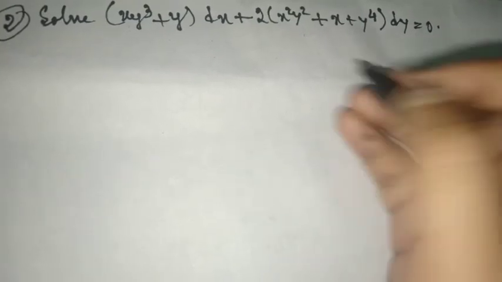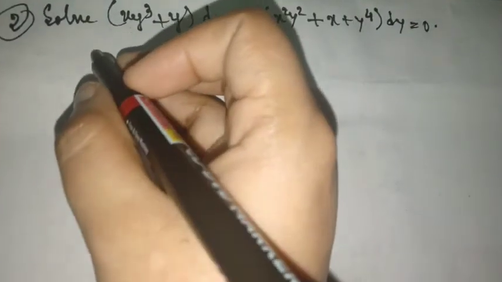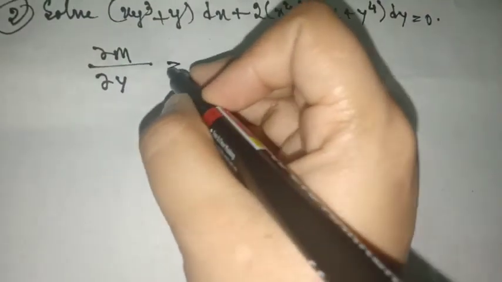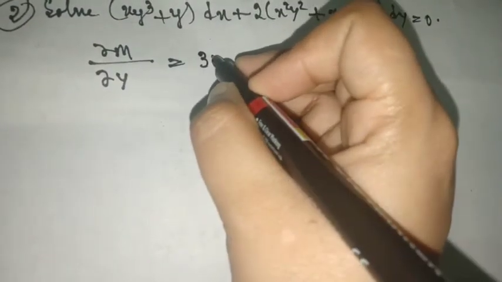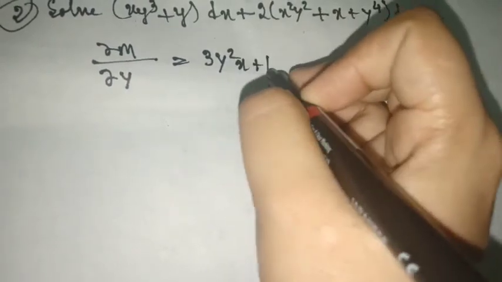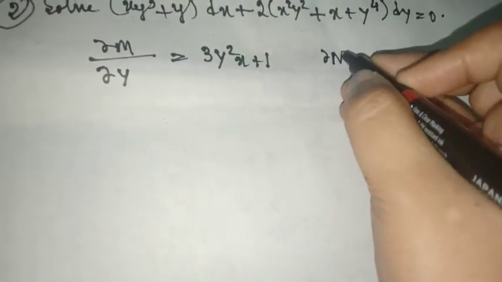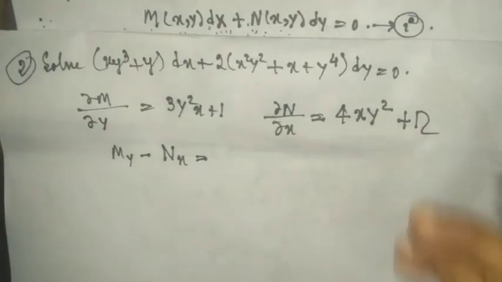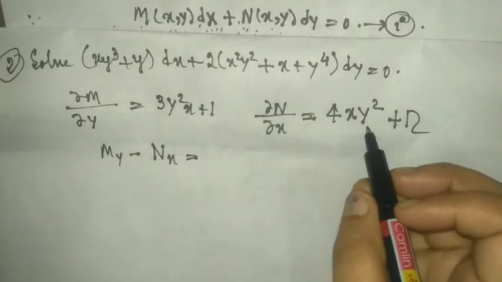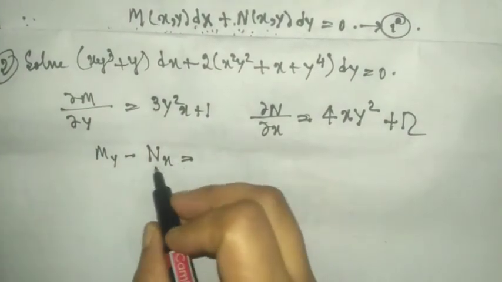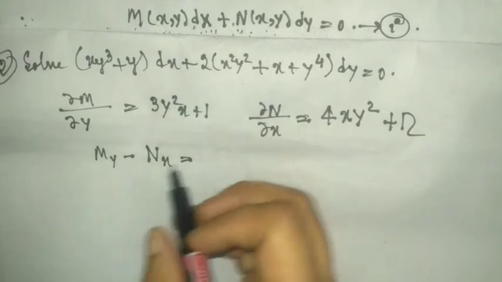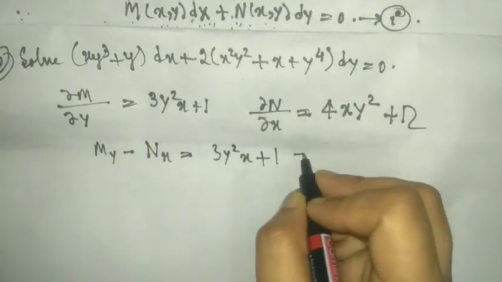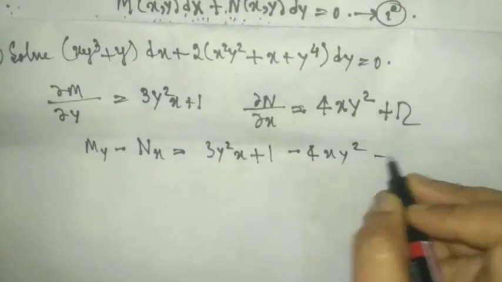Now let us see this example. So here del M by del y is equal to 3y square x plus 1, and del N by del x is equal to 4xy square plus 2. Now on subtracting nx from my, we will get 3y square x plus 1 minus 4xy square minus 2.